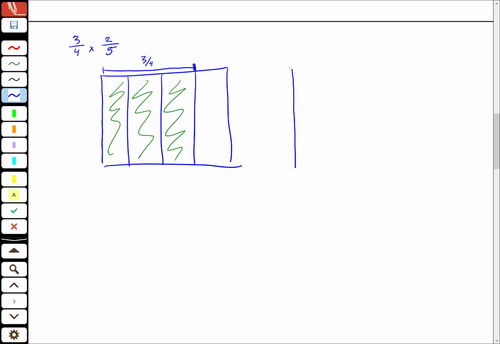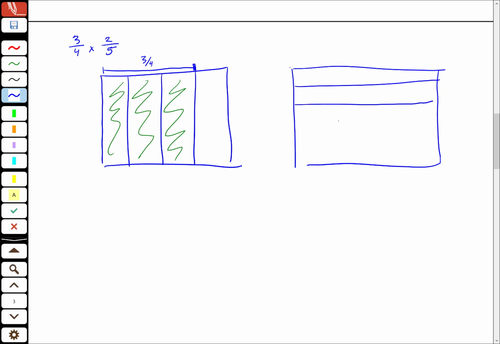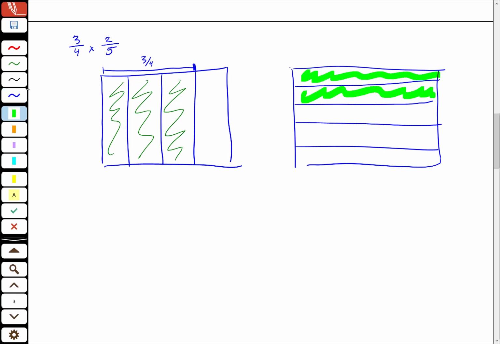So now if I want to draw the other dimension in fifths, 1, 2, 3, 4, 5. And this 2/5 looks like this, right? And this is right, that length is 2/5 along here.